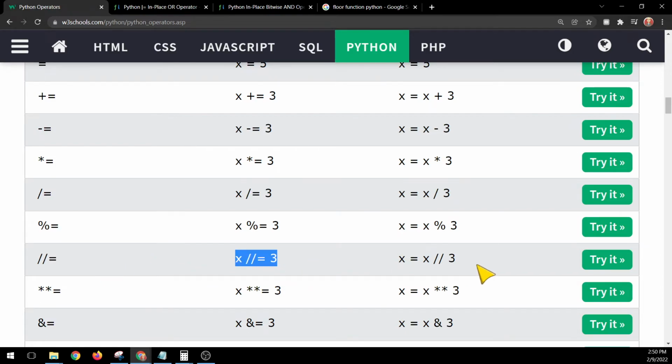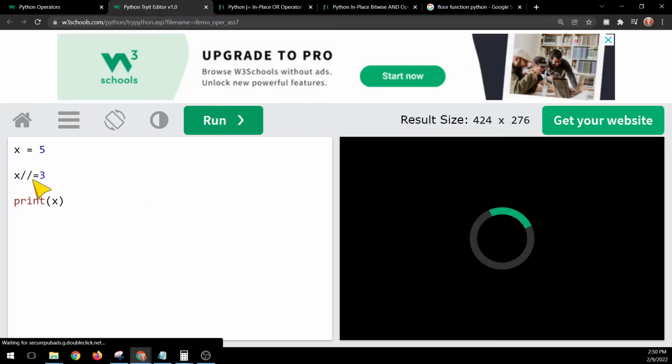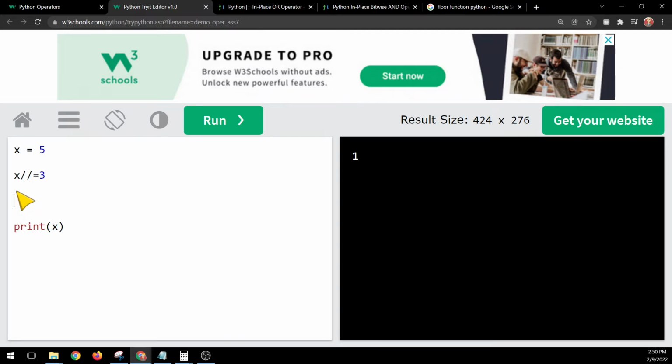So floor division. Let's try this. Again, x is equal to 5. You can run this. x floor division equals 3 gives you 1, which is the same as x is equal to x floor-divided by 3.